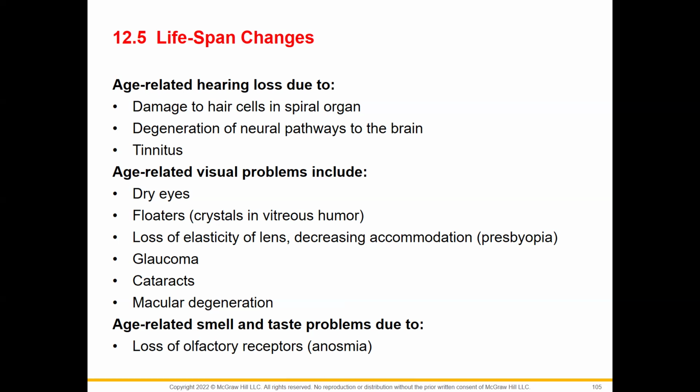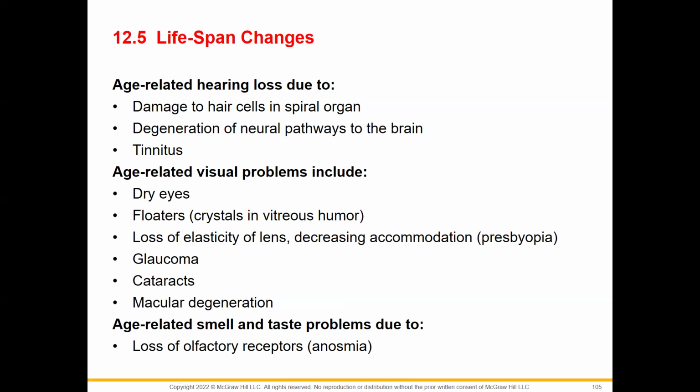If that doesn't happen, the person gets glaucoma. There's an increase in pressure created by the increase in fluid that damages the structure of the eye, and that can cause blindness.